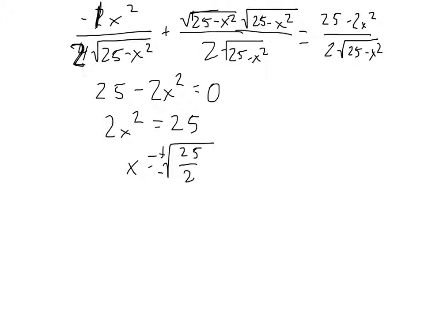Should be plus or minus. So I have a plus or minus square root of 25 over 2, which really only makes sense to have the positive one because we can't really have a negative side length. So that's equal to, well, let's see, the square root of 25 is 5 over square root 2. So I'll just simplify it to that.